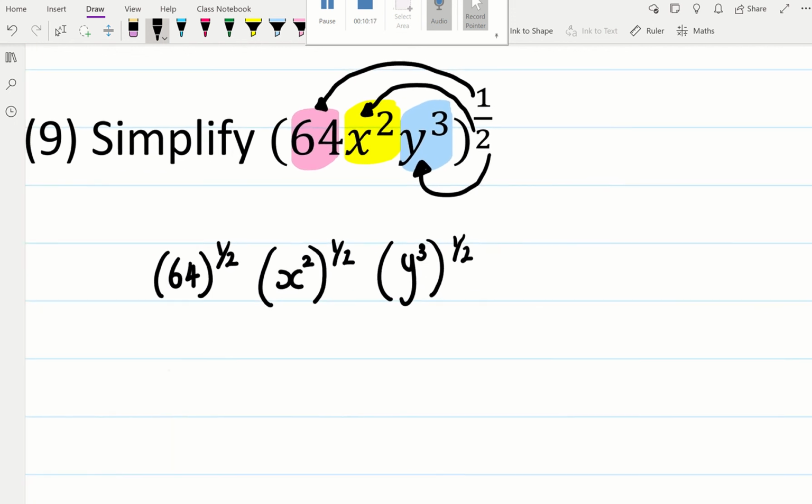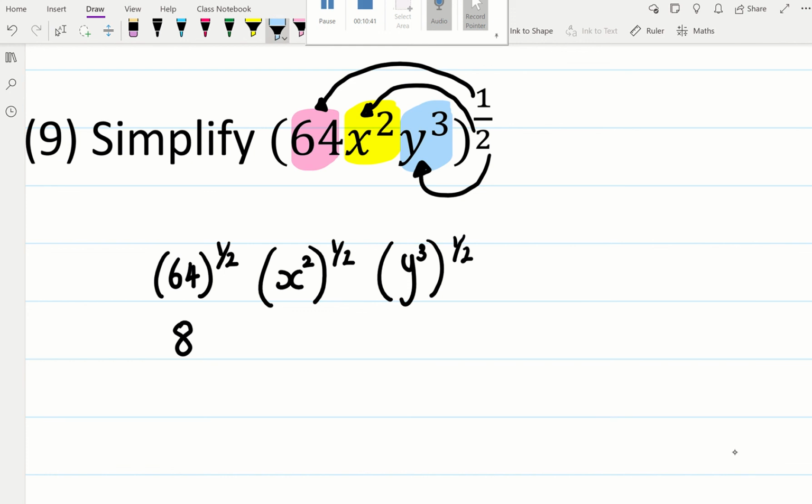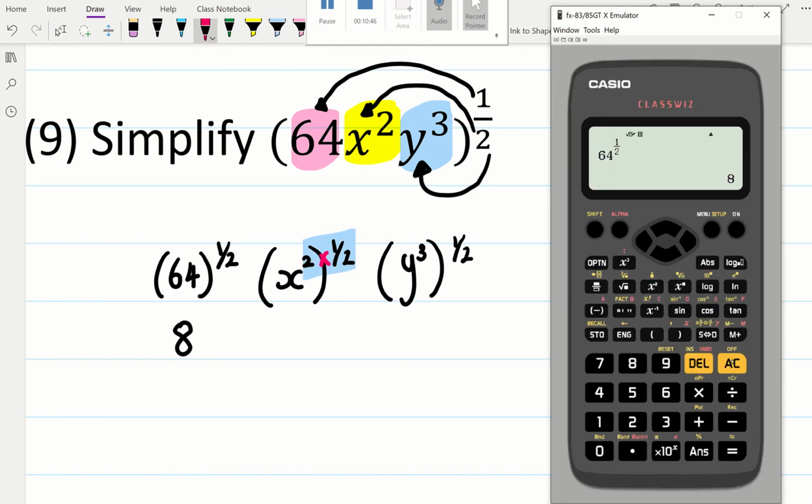And again, you would get your calculator and you would type in 64 to the power, so use the power button, and then use the fraction button there and type in your fraction and use your arrow to go down, and that's it. 64 to the power of a half gives us 8. And then those two powers are multiplied, 2 times a half. And again, you should know this. And if you're not sure, you can use your calculator. 2 times a half is 1.